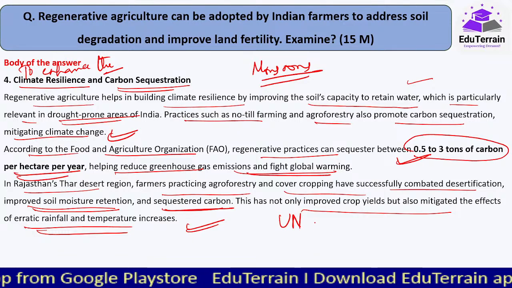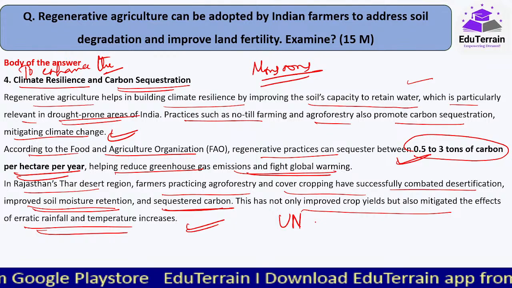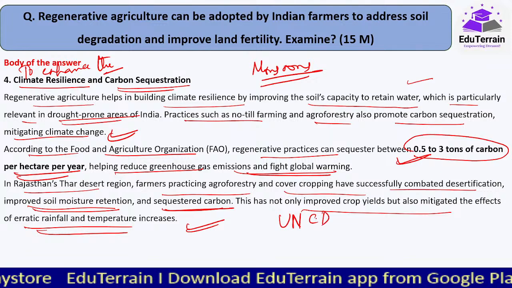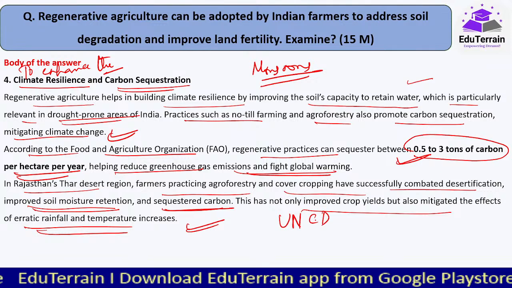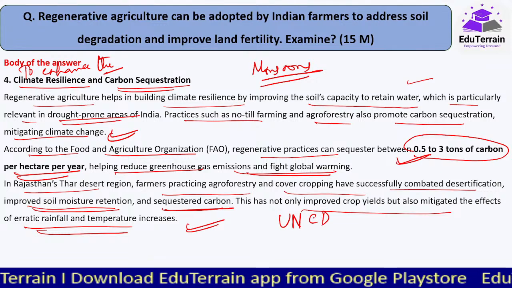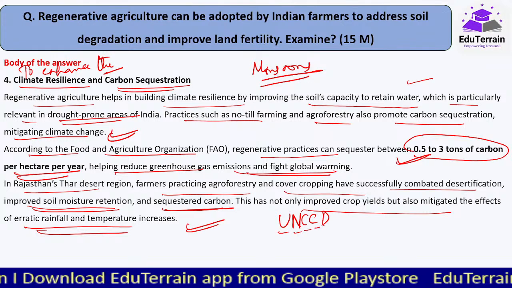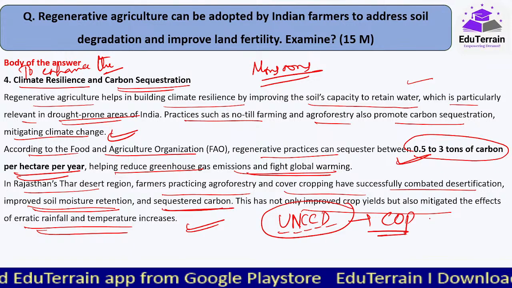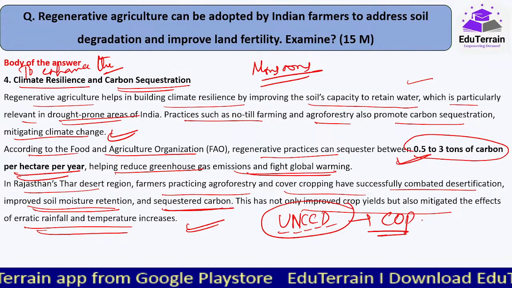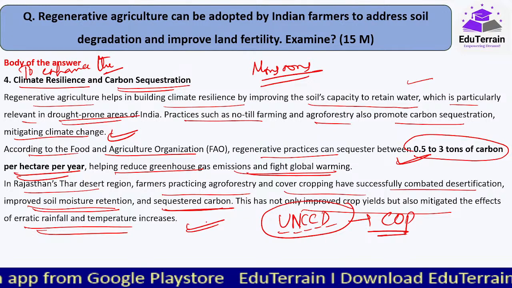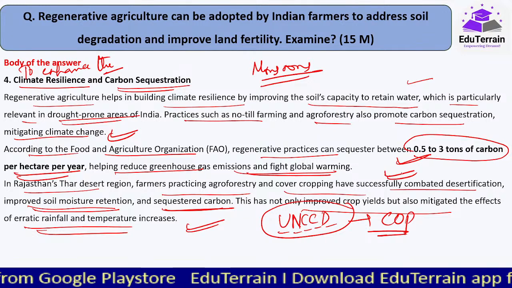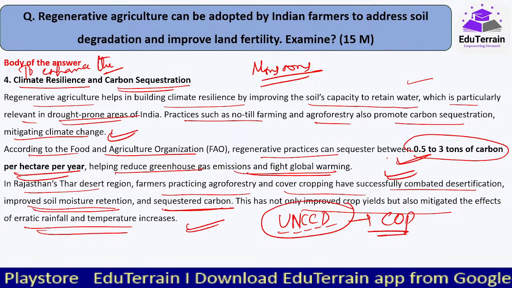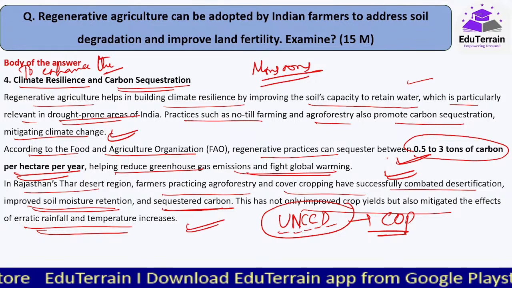United Nations Convention to Combat Desertification, UNCCD, had a COP. I think it was COP 16 or 17, I don't exactly remember that because this is slightly old data. During that time, if you remember, Jaggi Vasudev also came up with the Save the Soil campaign.